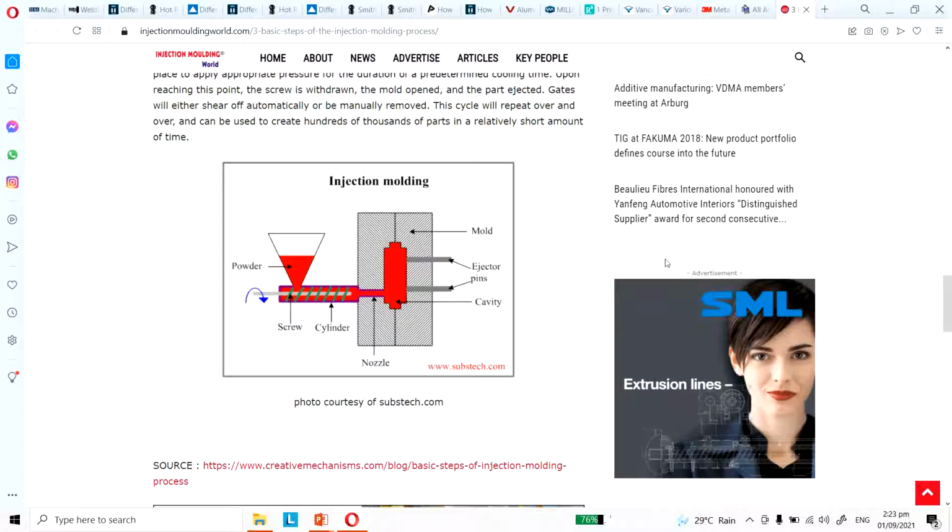It's something like the same as the extrusion process, except that instead of having a die, it's basically having a mold. So you are injecting the plastic right here into a mold. Okay, so that's the injection molding.